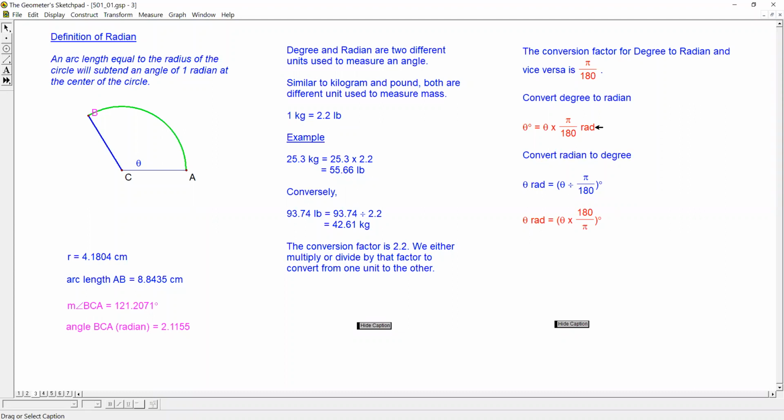You can convert from degree to radian, and radian back to degree, using the factor pi divided by 180. If you convert from degree to radian, you multiply by pi over 180. If you want to convert from radian to degree, you multiply by 180 over pi.